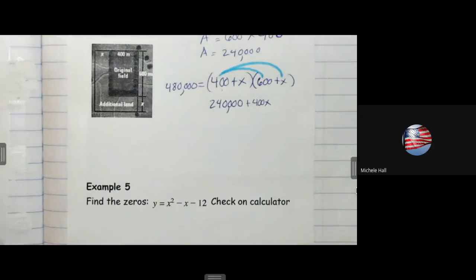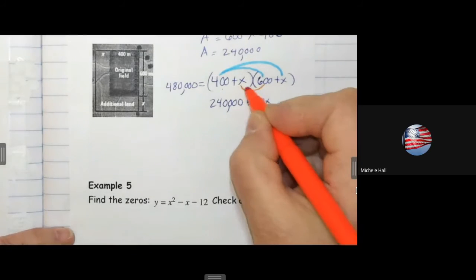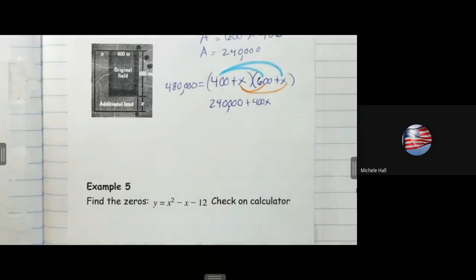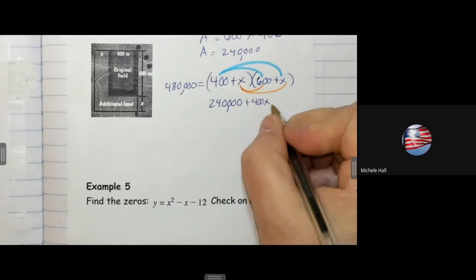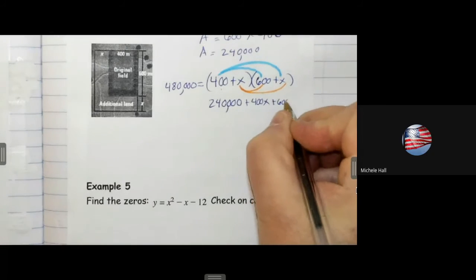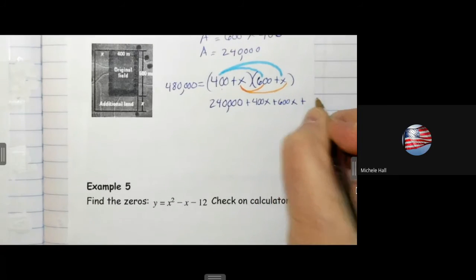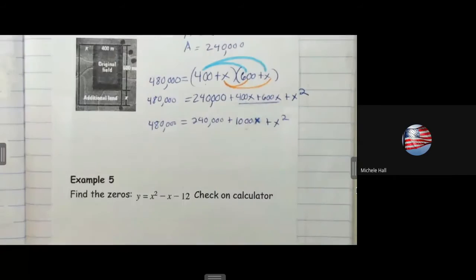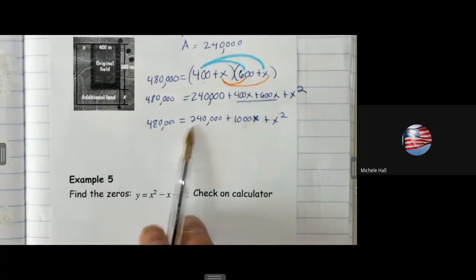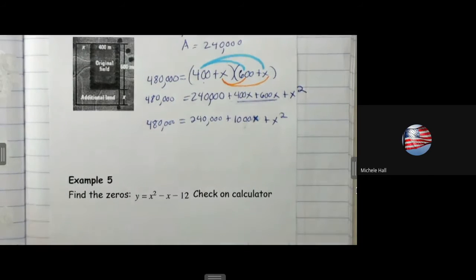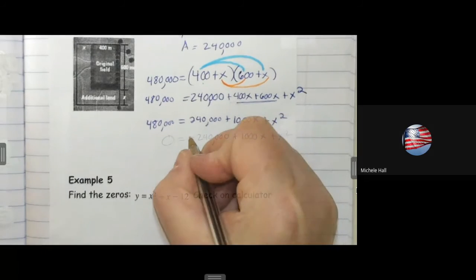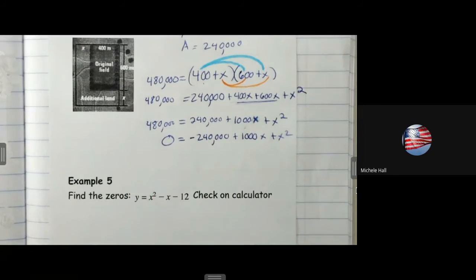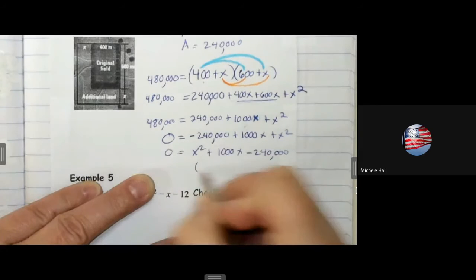Now I'm moving on to x times 600, which is 600x, and x times x, which is x squared. I can simplify 400x and 600x. And now I need to bring the 480,000 over and combine it with this number here. So 24 and 24 is 48. Now I'm just going to rearrange it so that my x squared is first, and I can factor.